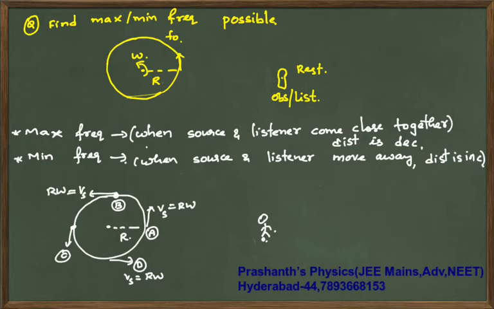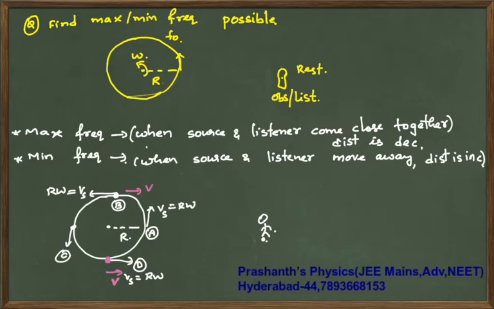Now if you take the situation when the sound is produced by the source in position B, and position D, then you will have that straight line orientation.